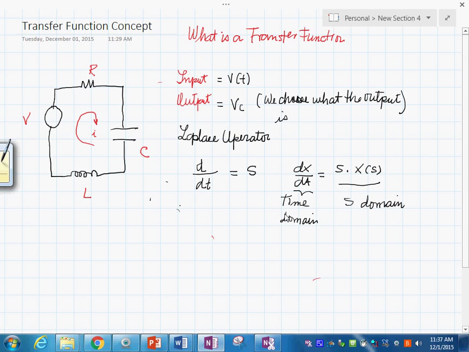Okay. So what we need to do is to apply this operation to the differential equations of the system.